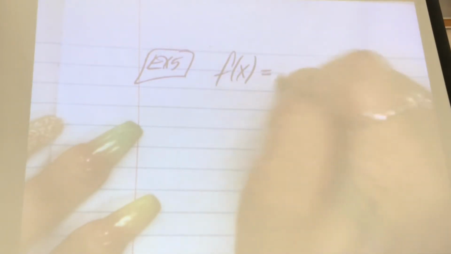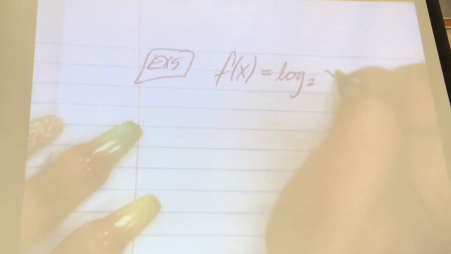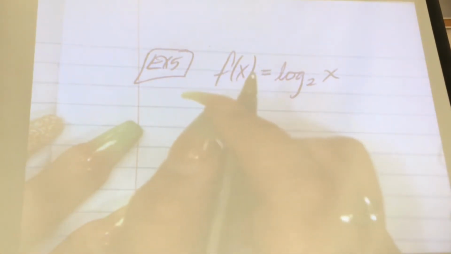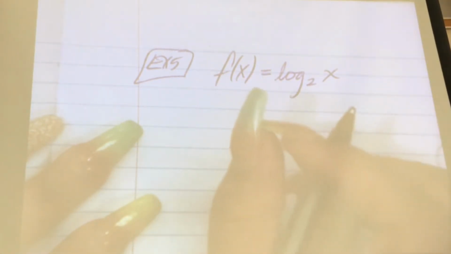Thank you. Alright, example 5 is going to help you with tonight's homework. They're going to give us some characteristics about our functions, and then we have to transform the function. So example 5, let's say that they have f of x equal to the log base 2 of x with the following characteristics.